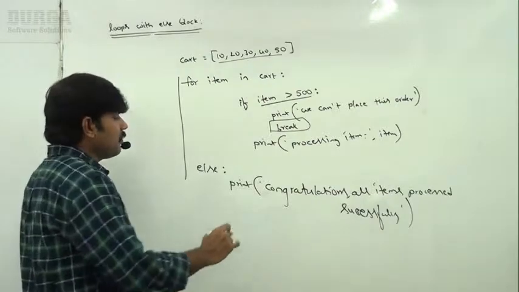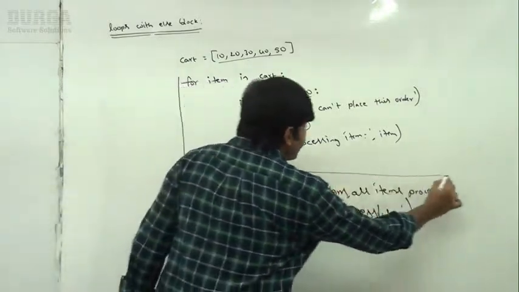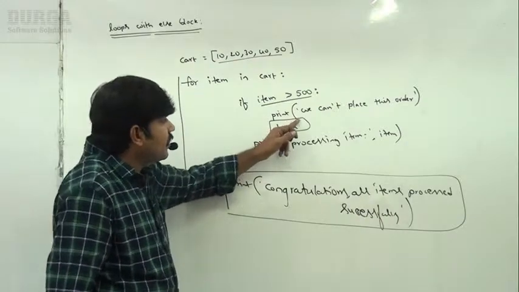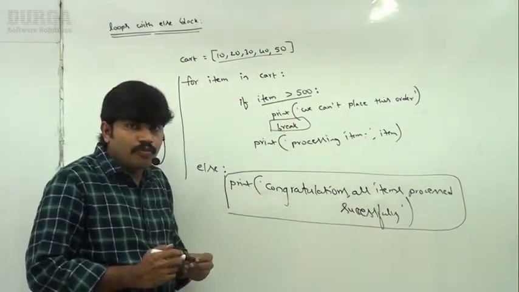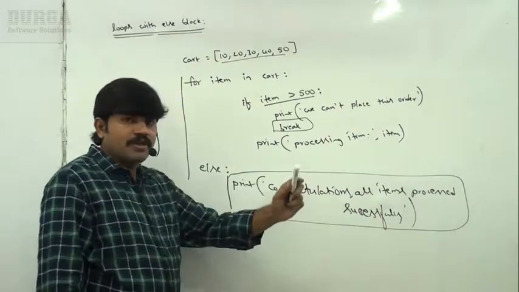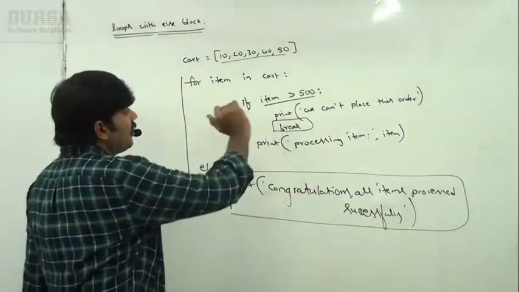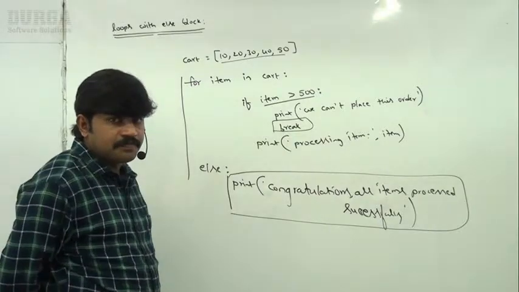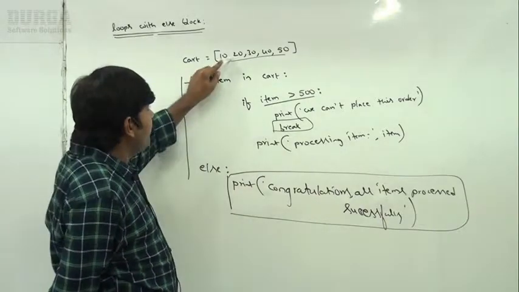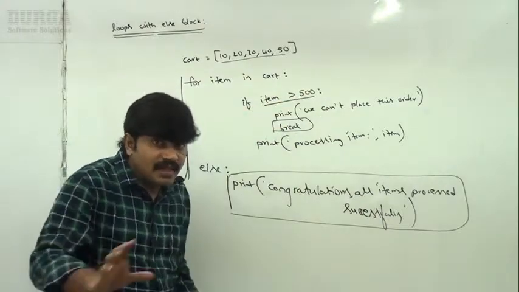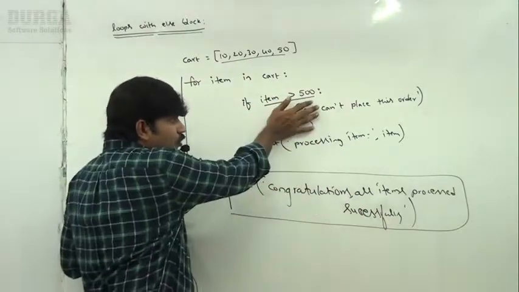So take very special care when this else part will be executed. If the break statement is not encountered inside a loop, if the loop is without a break, then only the else part is going to execute. Can you tell, as per this example, will the else part be executed or not? Yes, because every item value is less than or equal to 500, that's why break is not going to come.